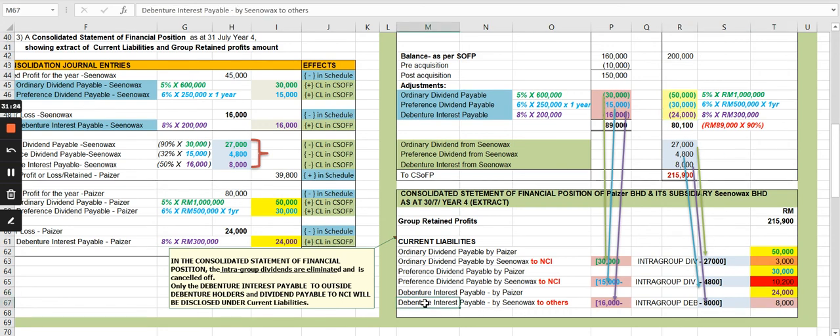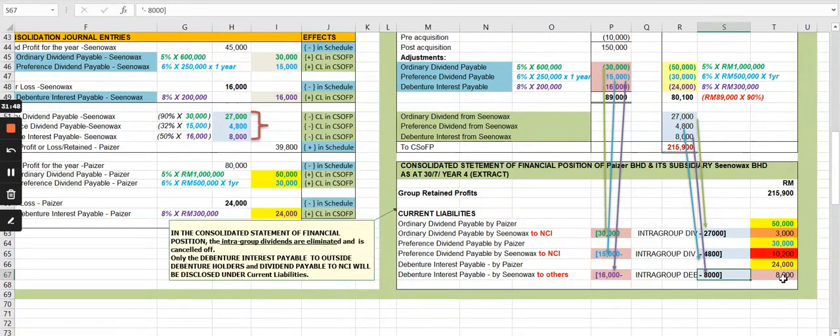And take the debenture interest payable by Sinovac. The one by Sinovac was 16,000, which we have earlier calculated. But the share of parent in the debenture interest of Sinovac was 50%. So you have 8,000. So that has to be adjusted with 8,000. And there you go. You have 8,000 there.